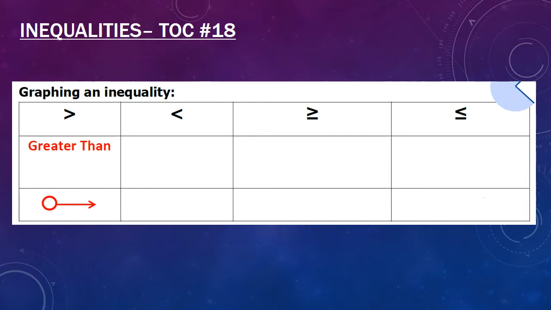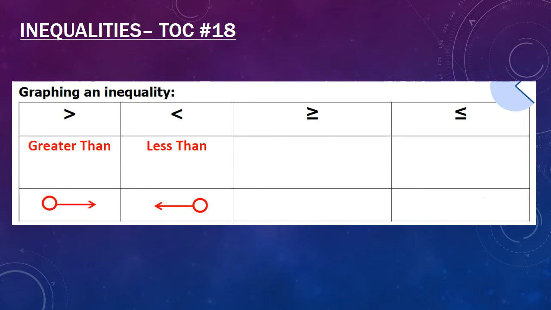So we leave that as an open circle, saying that's where we're starting, but that number is not part of our solution. Same thing with the second example. That is less than, and like greater than, it does not have the line underneath, so we use an open circle, and since we're going less, we go to the left.